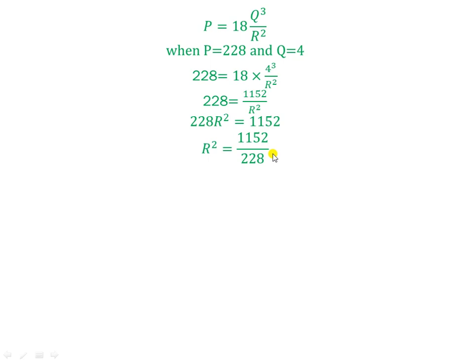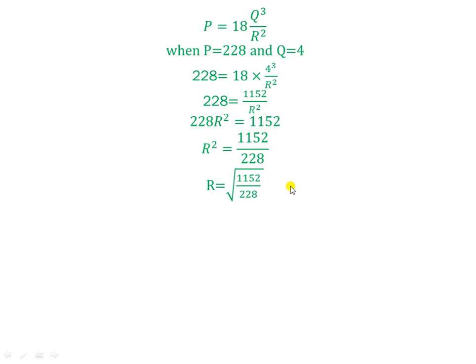Now from this point, if you want to get the value of r, you simply take a square root on both sides. And that gives us the square root of 1152 out of 228. And in case you want to press this in your calculator, make sure your answer is at least 4 decimal places. Remember, the level of accuracy depends on how many decimal places you've written your answer to.